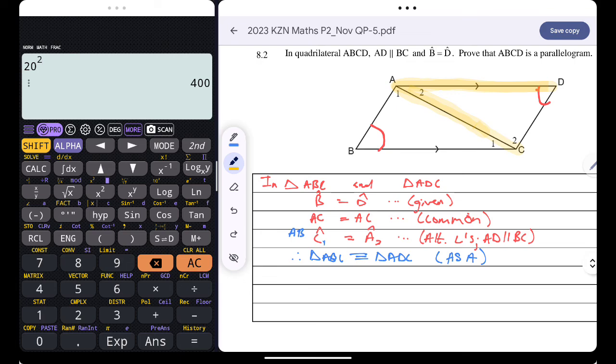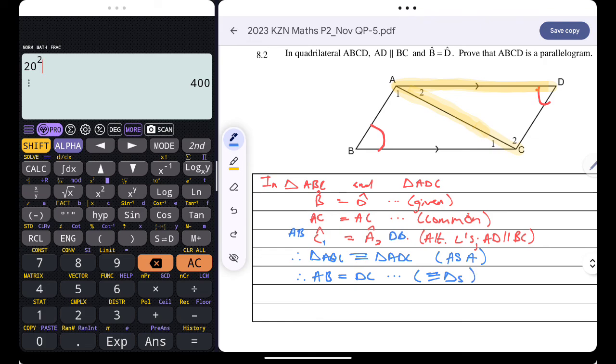Remember that we said A2 and C1 are equal, so the line that subtends both A2 and C1 must be equal as well. So therefore AB is equal to DC. Alright, together. This is true because our triangles are congruent.